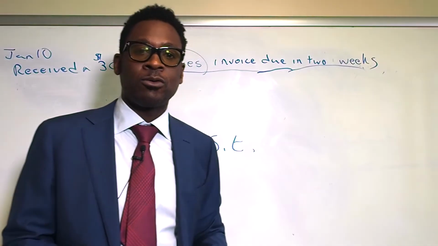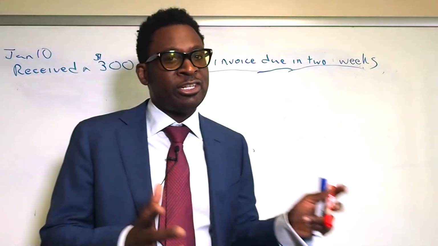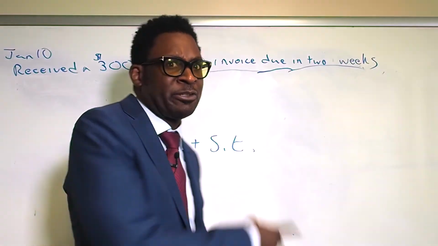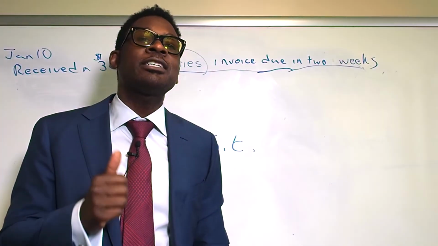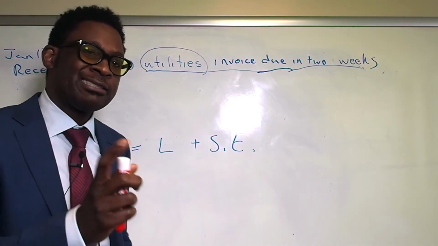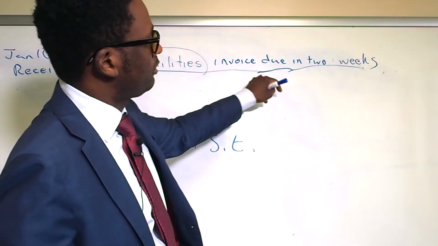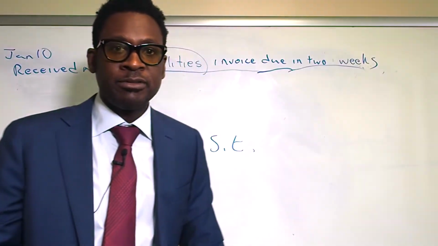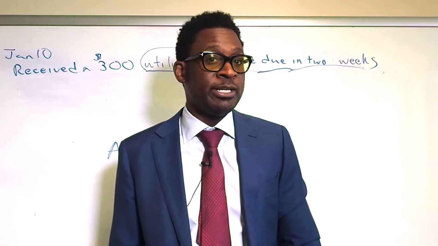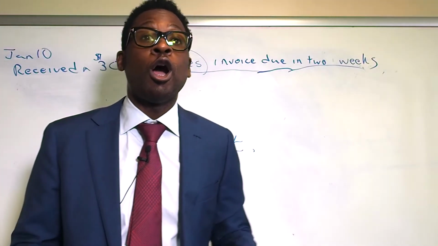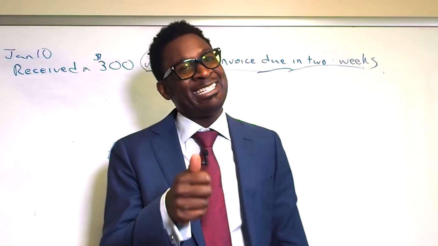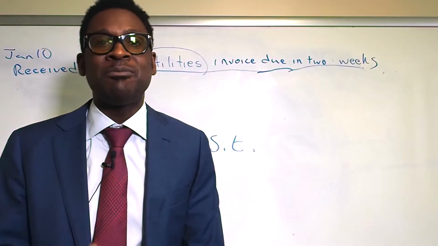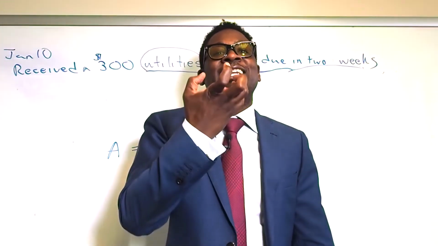Okay? So, we always know that there's another account that's being affected in this, right? So we know utilities expenses are affected. But what other account is affected in here? Let's look at the keywords, gang. Due in 2 weeks, right? So we received a bill that's due in 2 weeks, which means we still what? Owe. We owe. So guess what? Anytime we owe, that means we have a what?